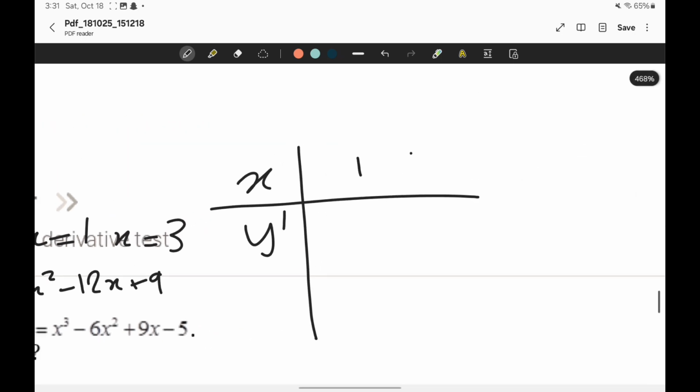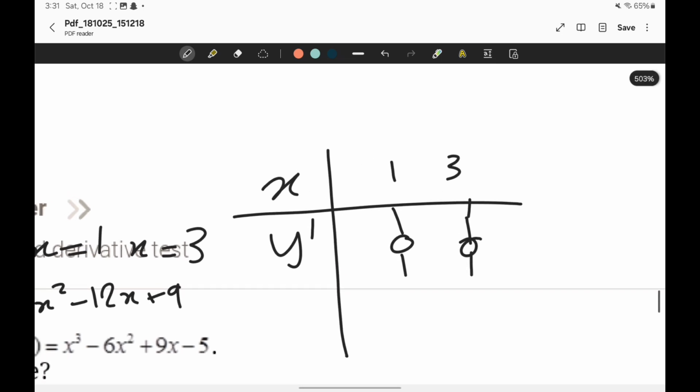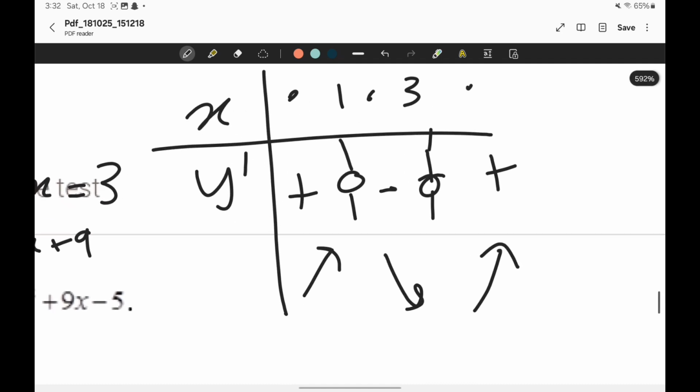So putting our values in, 0, 0, we test a point here, you get positive, here you get negative, and here you get positive. So that means it's going up, then down, then up. So that means here it's a maximum, and here it's a minimum.